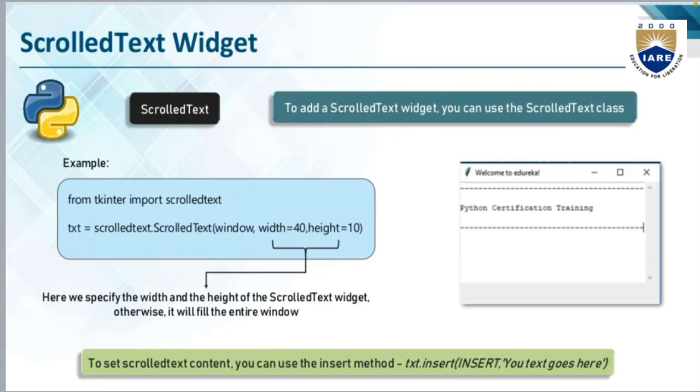The window is the window defined earlier, and width is equal to the width of the scroll text, and the height is equal to the height of the scroll text. Here we specify the width and the height of the scroll text widget, otherwise it will fill the entire window.